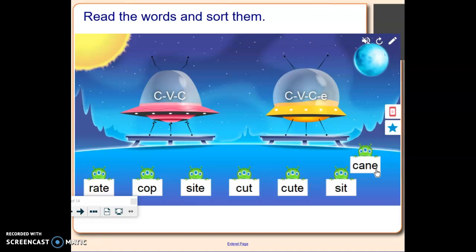No, magic E is silent, which means it makes no sound. So when we sound it out, it sounds like cane. What's the word? Cane. Does cane have a magic E at the end? Yes, it does. Good job.